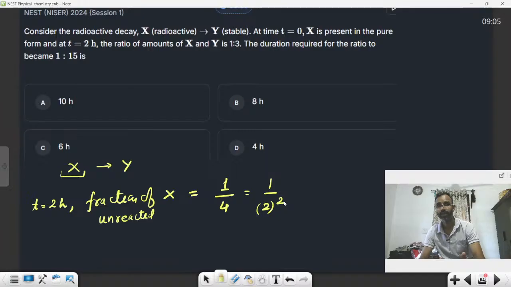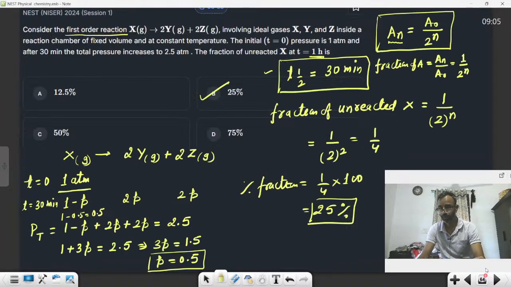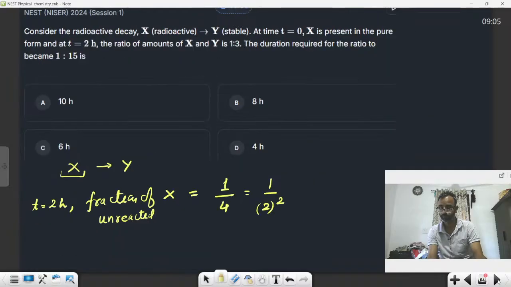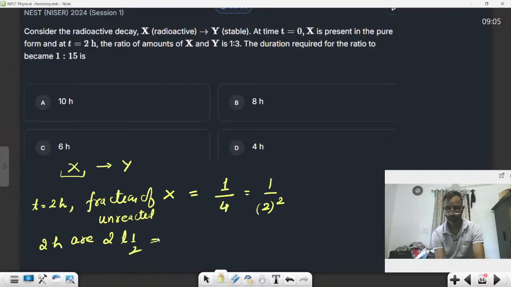So from here, if you relate it, fraction of unreacted is 1 upon 2 raised to power n. So that means 2 hours are 2 half-lives. That means what is half-life?